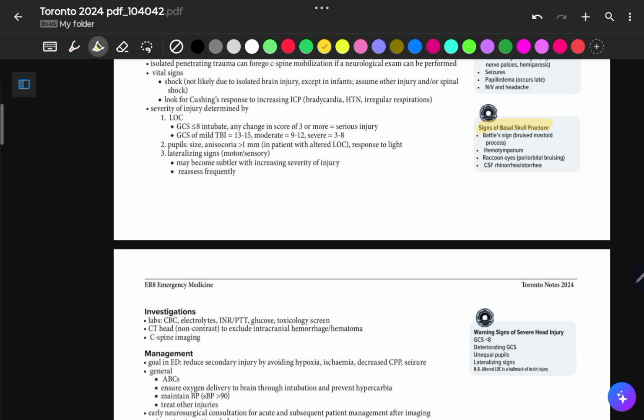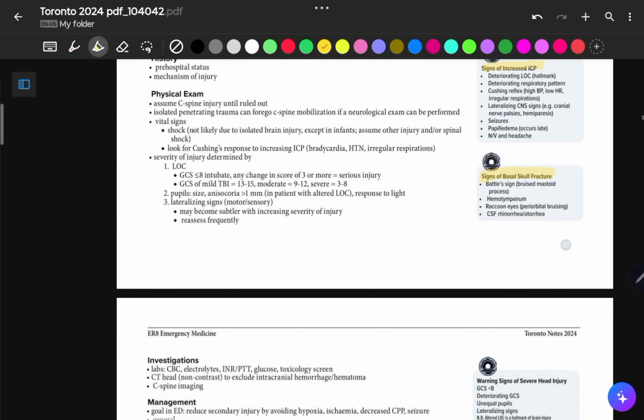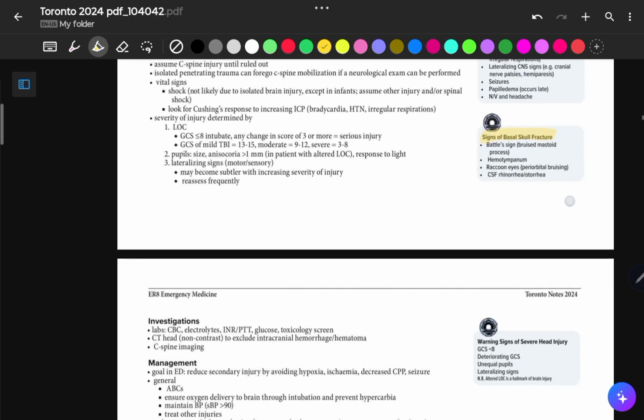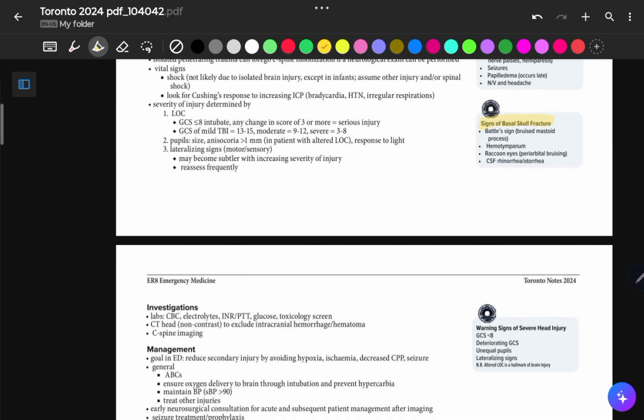And then your raccoon eyes, which means periorbital bruising. They can also have CSF leaking out from the ears and nose, so CSF rhinorrhea or otorrhea. So you want to check for those signs.